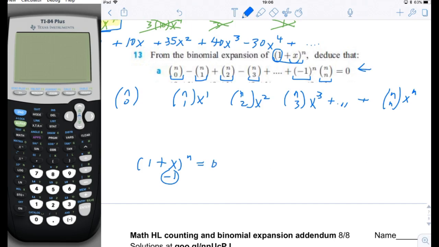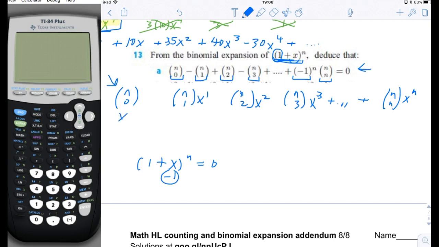So basically what they want me to do is substitute in x equals negative 1 and show that this complicated expression with all these combinations in it is going to sum up to be 0, and the reason why I know that is because 1 minus 1 to the n power is 0. So go ahead and do that.